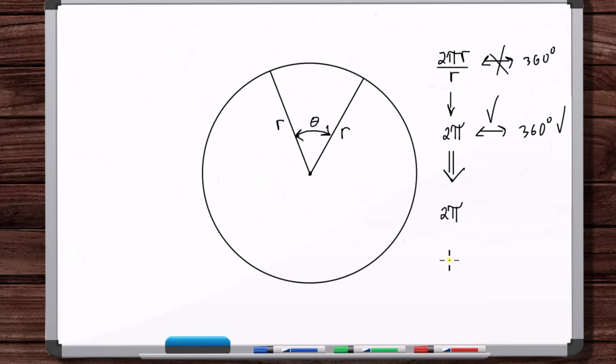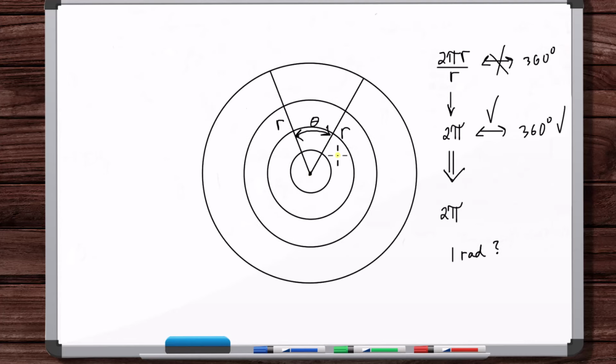Okay, to illustrate this, let's think about what does 1 radian mean? What is 1 radian? Not 1 pi, this is 3.14 times 2, 6 point something. No, what is 1 radian? What does that mean? Well, if this angle here was 1 radian, you can draw however many circles you want that have different sizes, different radiuses, but 1 radian is always just 1 radian, even if you're changing circle size.